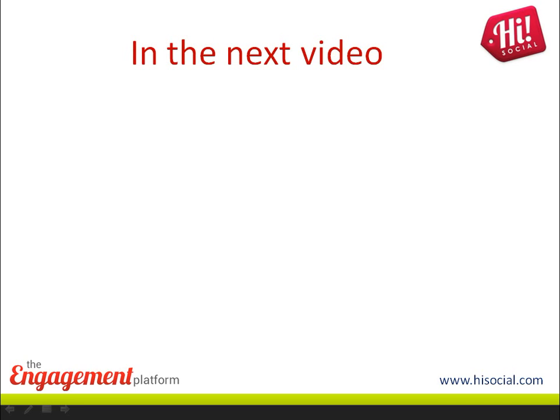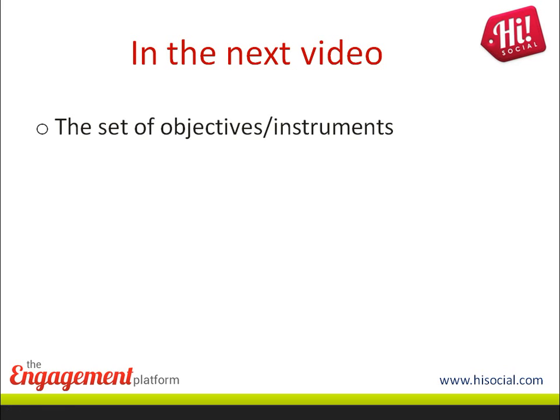In the next lesson, we will look at what we call the set of objectives or instruments in terms of which 4 objectives you should choose and which are the instruments advised in that case. Some instruments are more suitable for a specific goal, so we will see how to choose the instruments based on the goal you have set as your priority.